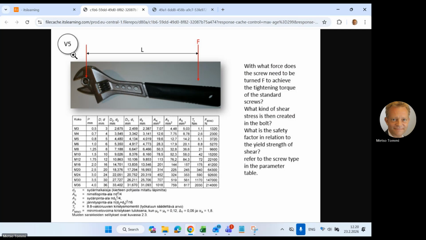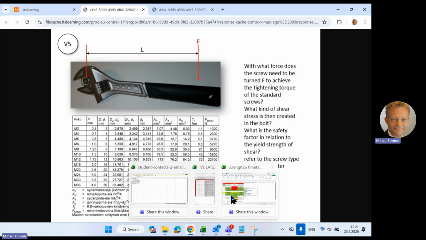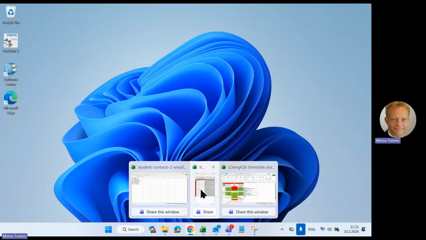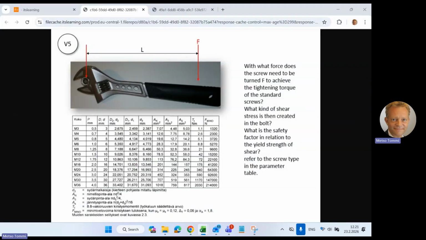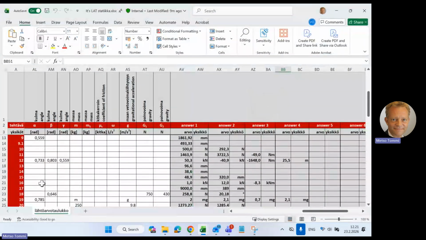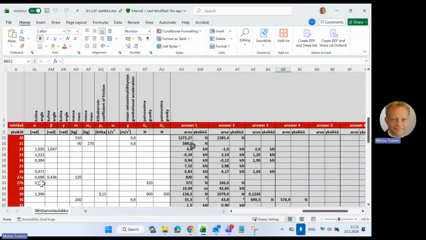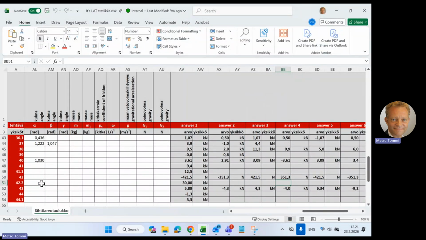Firstly, as you can see, the number of this problem, normally we have numbers 1, 2, 3, 4, and so on, but here is V5, and that's because when you look at the parametric table, you have to find the V5 from somewhere.